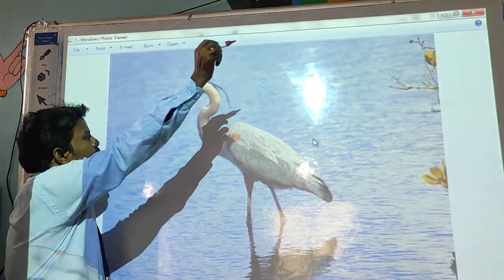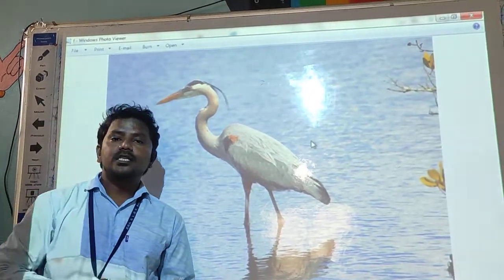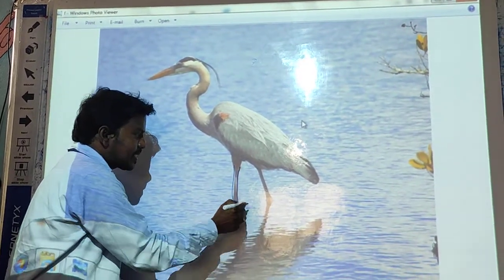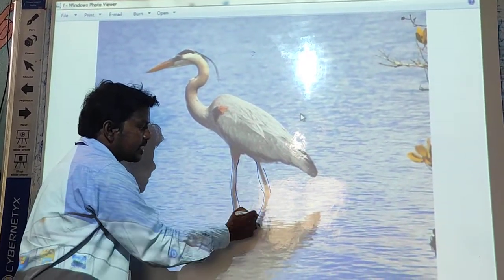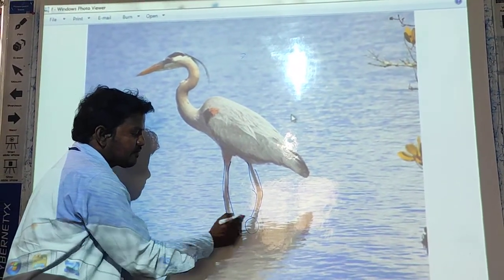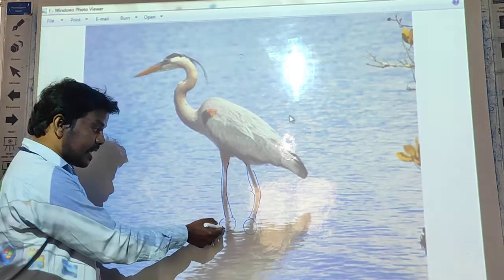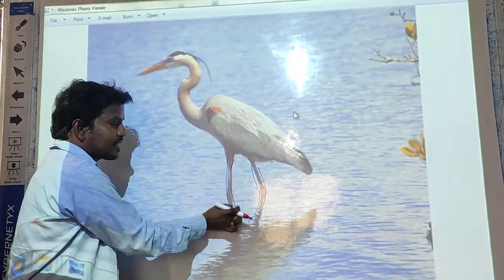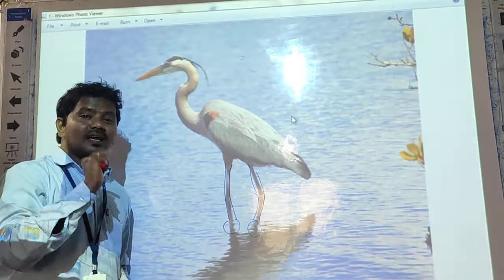The meaning of wading is that these birds have long and slender legs. Of course they have feet. They can walk on the water. Why? Because lightweight, very thin legs are there.